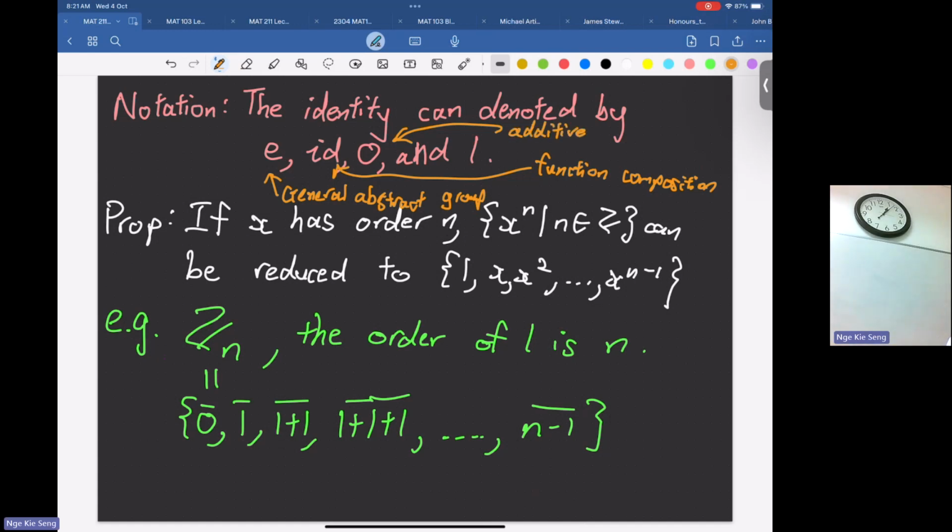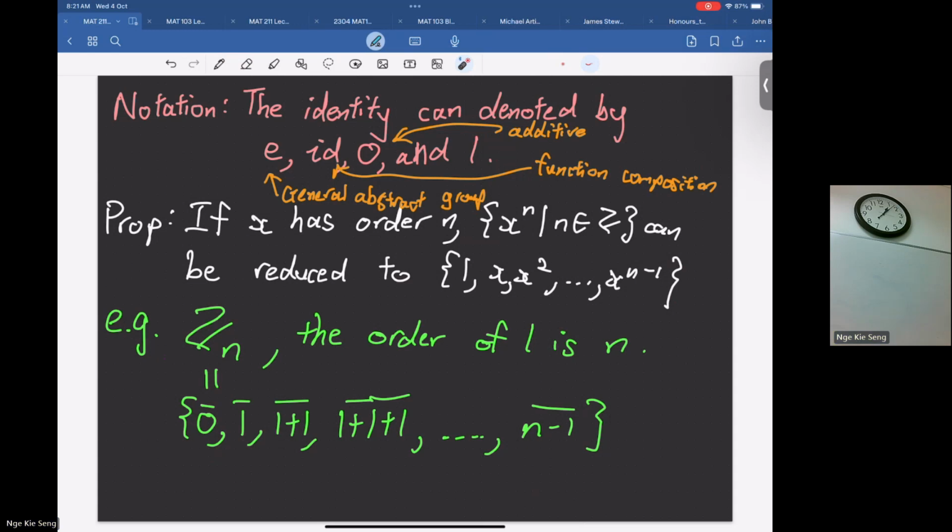For example, in Zn, 0 is the identity. And why do we sometimes prefer 1? 1 is the identity for multiplication. So if the group is multiplicative, we typically put 1. For example, in this case, I put 1 because I already assume the law of composition is multiplication.